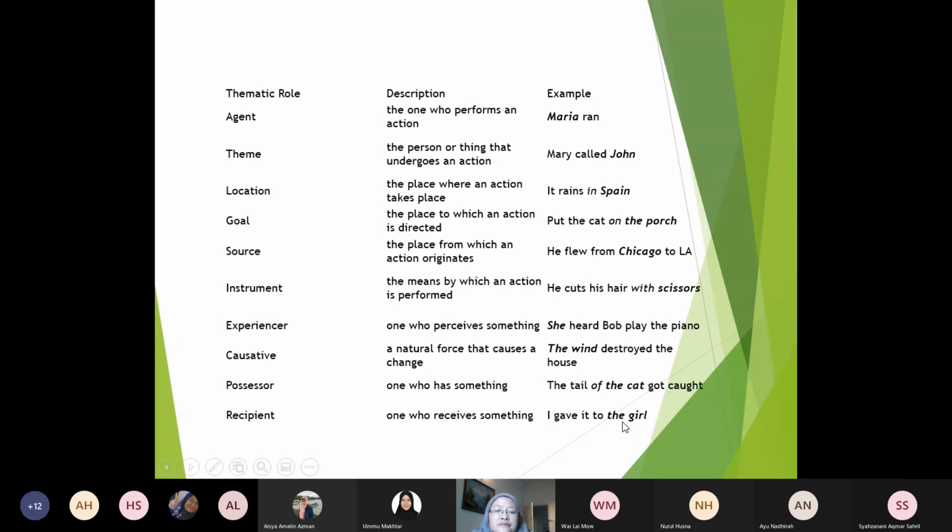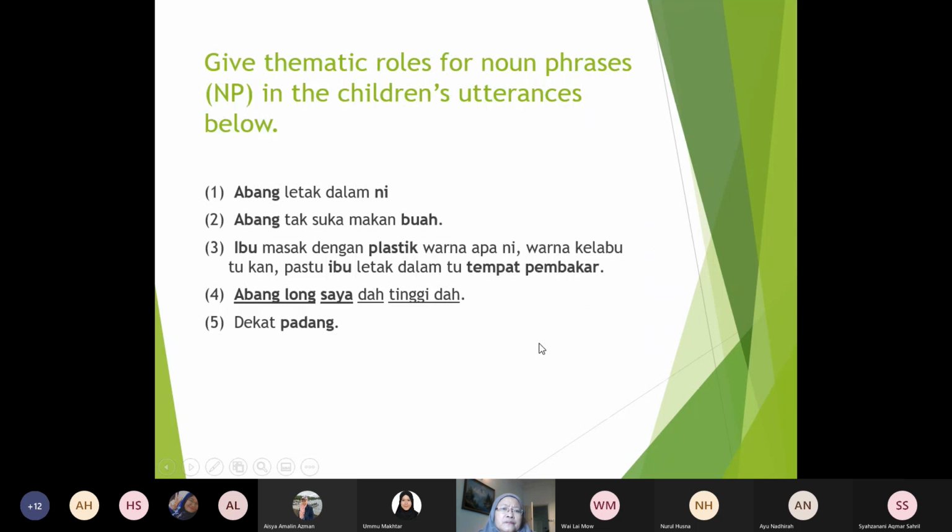So the girl is recipient. Recipient can also be goal. Okay. So take a minute or two to look at this and give me the thematic roles for each of the noun phrase bolded.